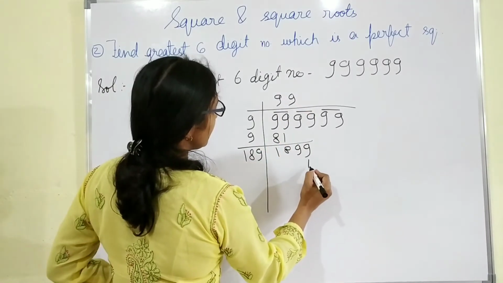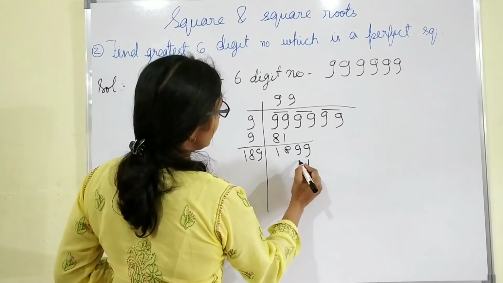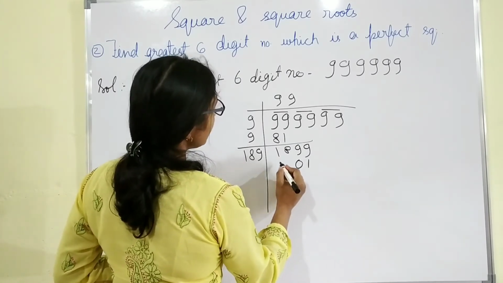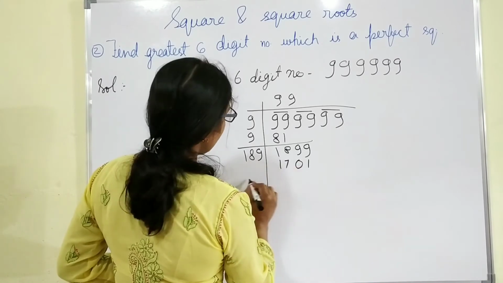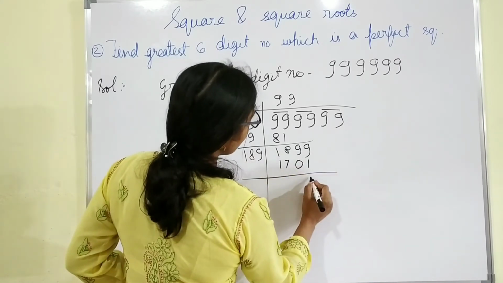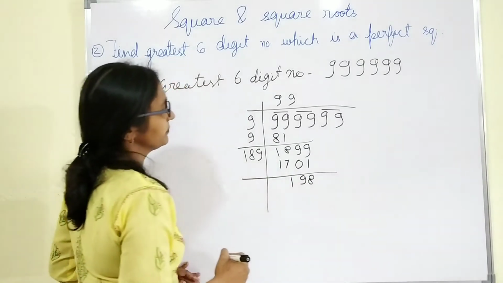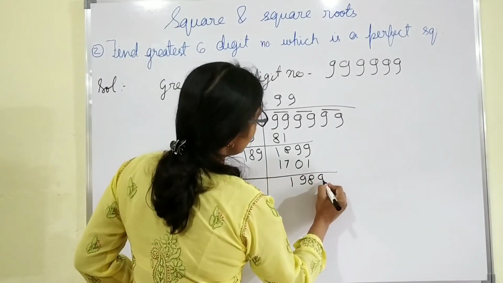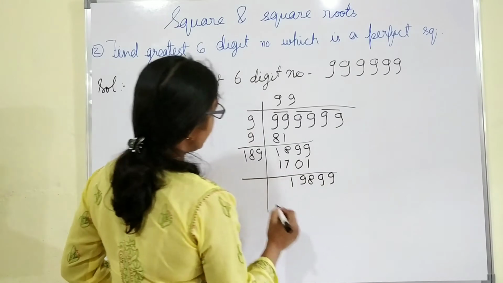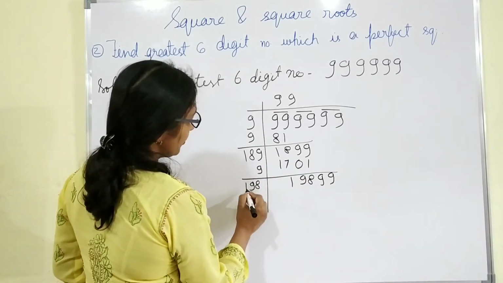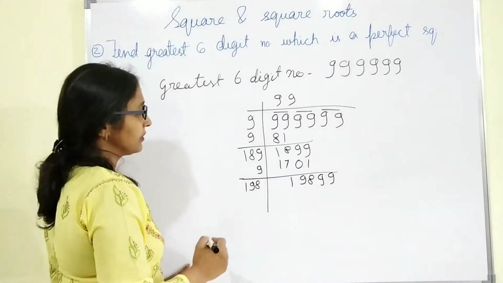9 9s are 81, carry 8, 9 8s are 72, 80, 9 1s are 9, 17. Now 8 9 1. Now again we will carry 9, 198.